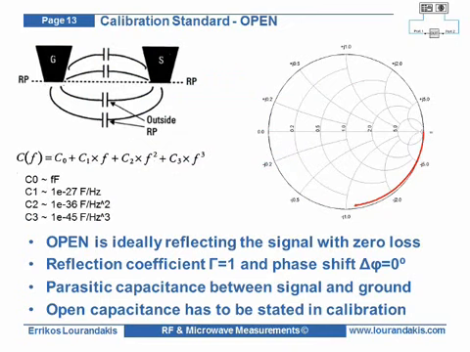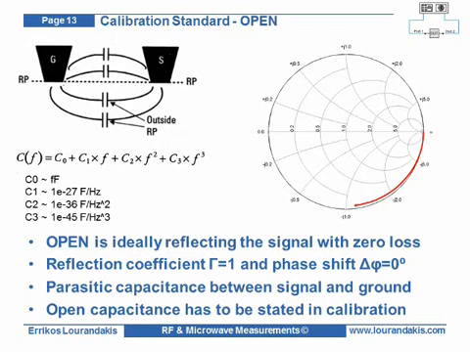An open standard makes no connection between the signal and ground terminals and ideally reflects the incident signal with no loss. An ideal open would result in a reflection coefficient gamma equals 1 and 0 degrees phase shift. In reality, the electric field travels from signal to ground by forming a parasitic capacitance which can be described by a polynomial.